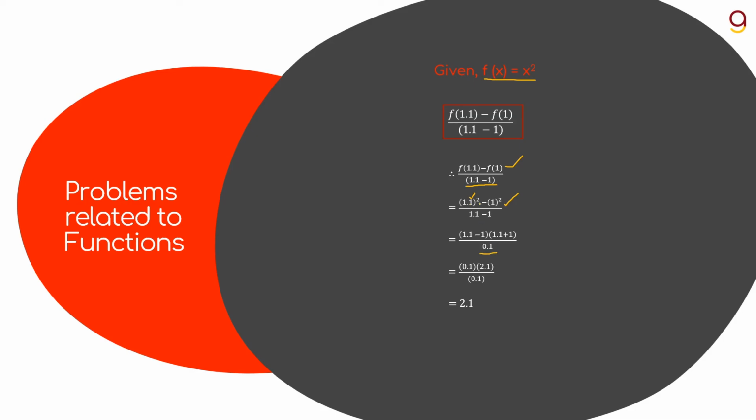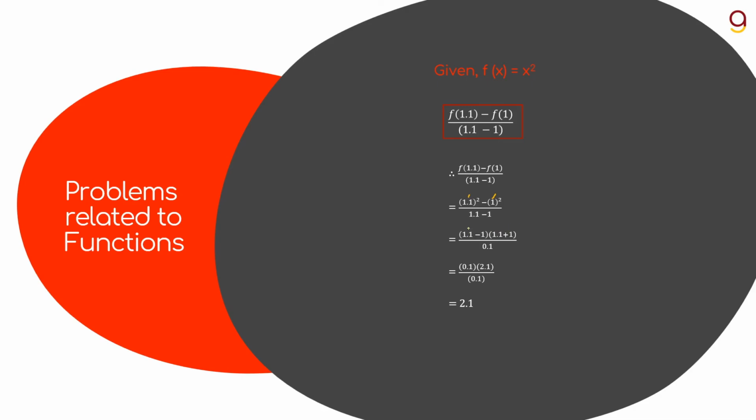Now in the numerator, if we have a look, we have a square minus b square, and we know that a square minus b square is (a minus b) into (a plus b). So if we do a minus b, that means 1.1 minus 1, and a plus b, that will be 1.1 plus 1.